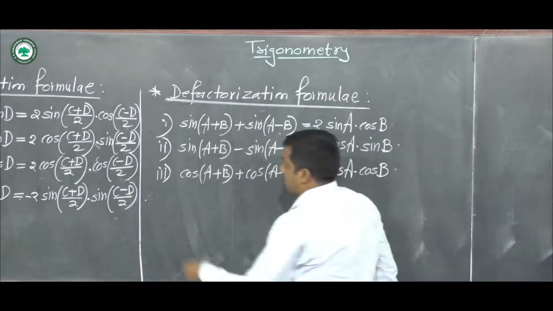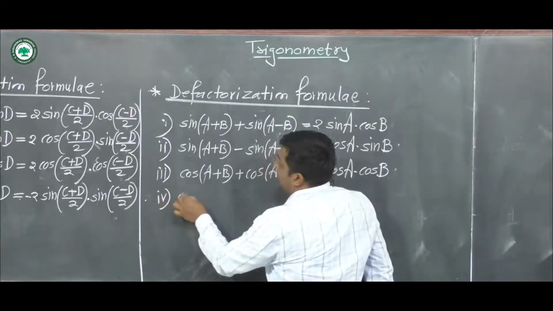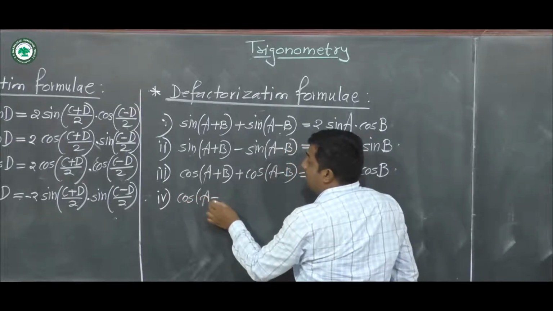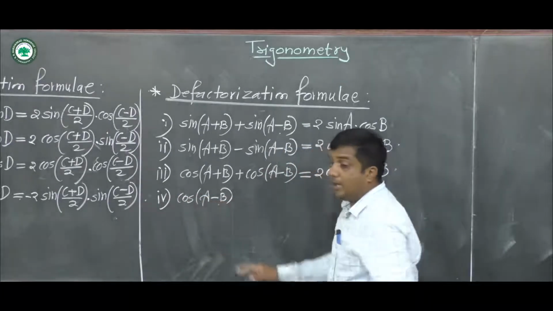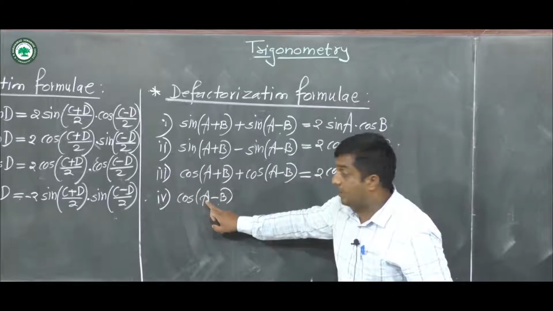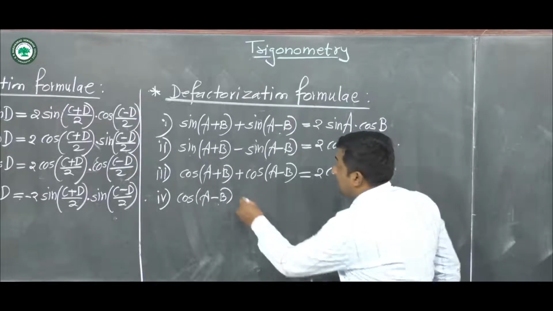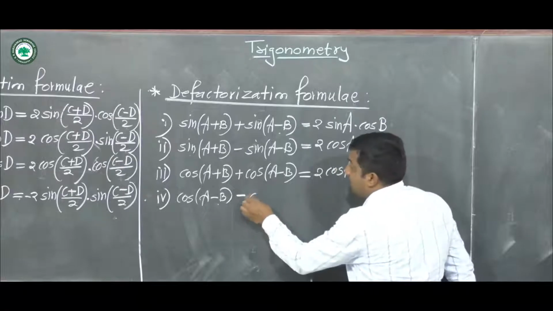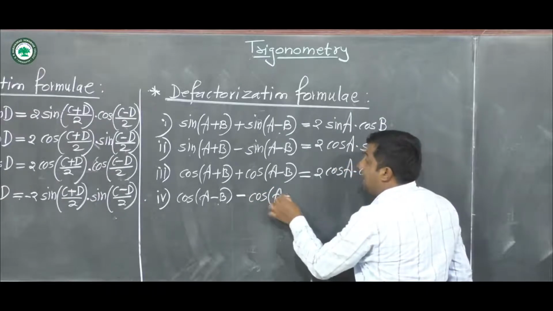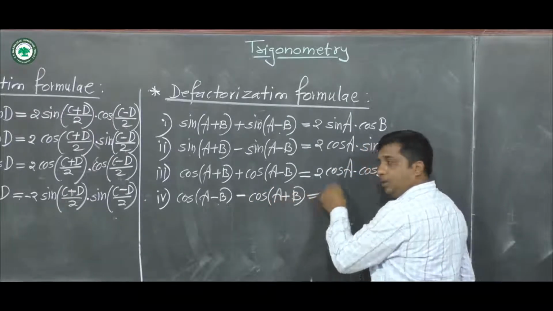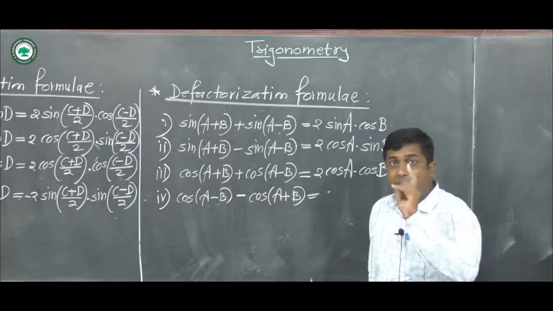Then in last, here in the fourth, we consider cos(A-B) minus cos(A+B). Here we consider minus sign. Remember, here A minus B is given first, then with minus sign, cos(A+B). Again remember the arrangement.